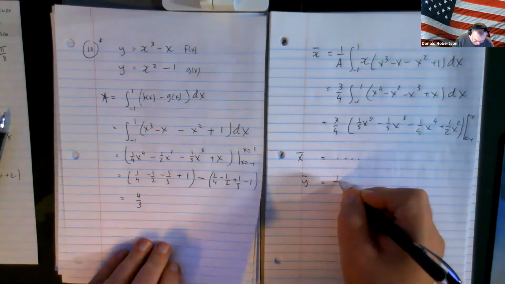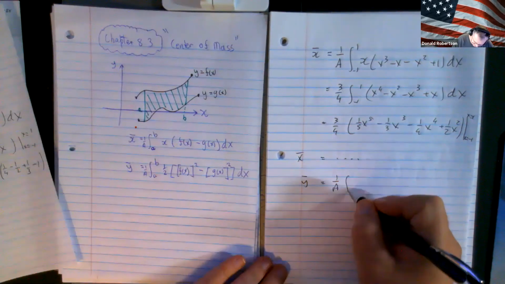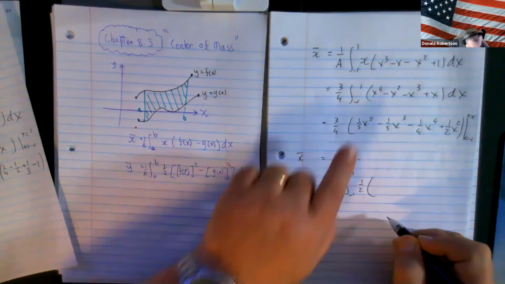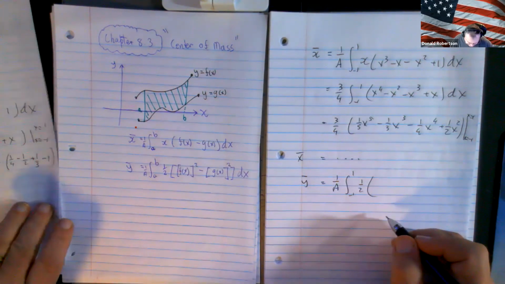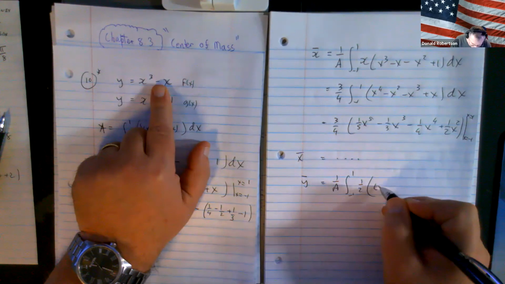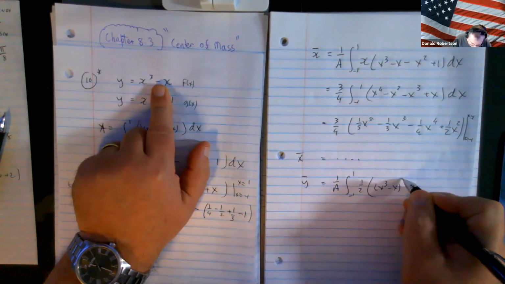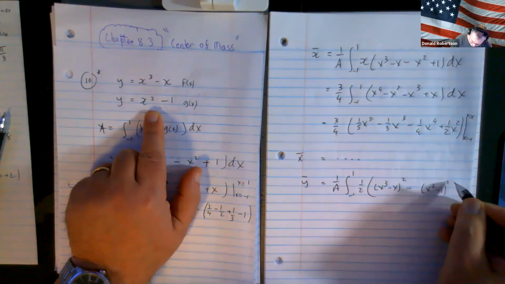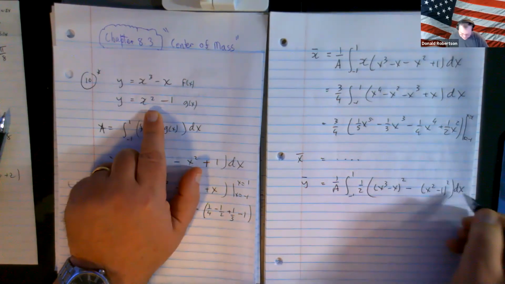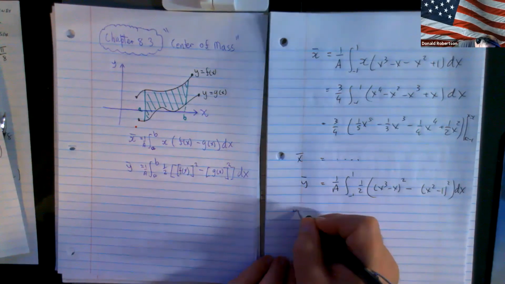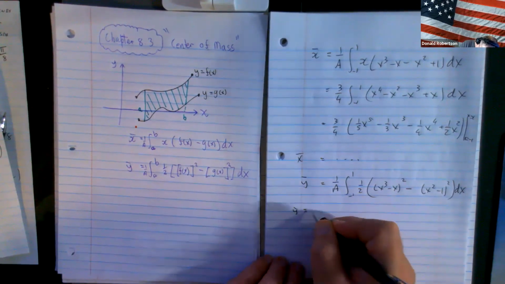1 over A, the integral from -1 to 1, 1/2, the first guy, which is this guy, squared, take away the second guy squared. One over A is going to get me 3/4.